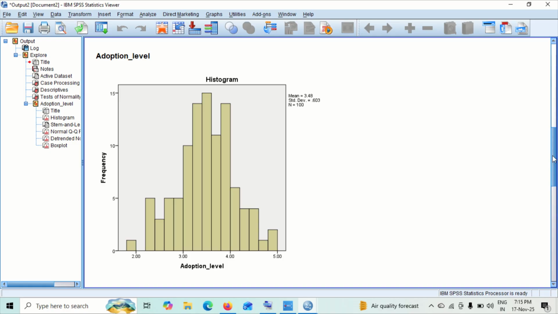The range of adoption level is between 2 and 5. Hence, we can conclude that most values cluster around 3 to 4 with the frequency peaking near 3.5. Overall, the distribution looks fairly normal, but it can be said more precisely when the Kolmogorov-Smirnov test is applied.